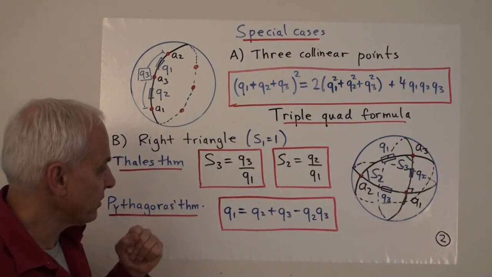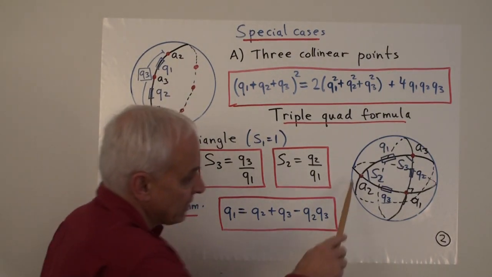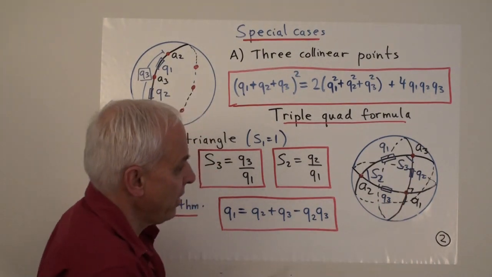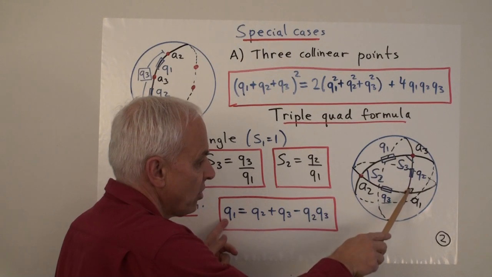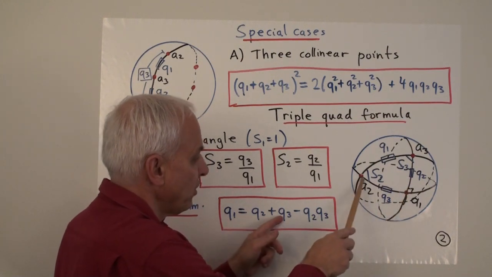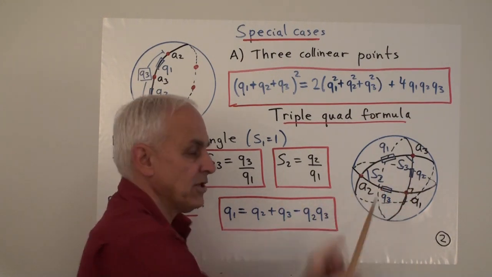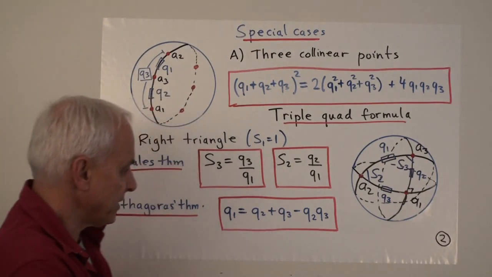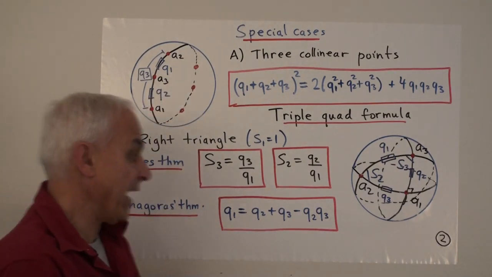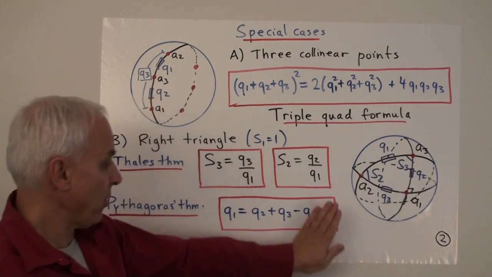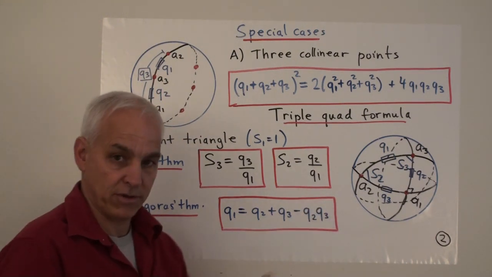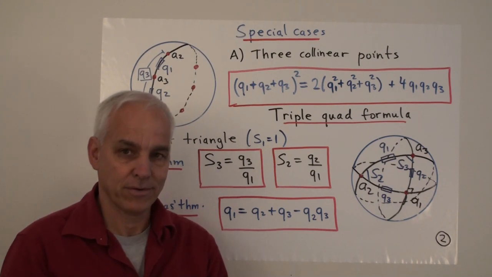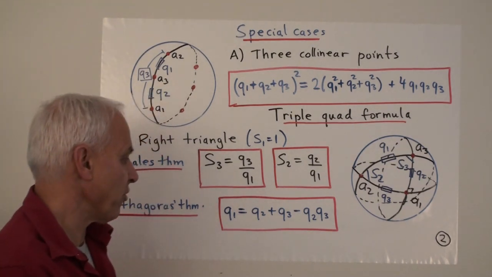And another important relation is that in such a right triangle, the hypotenuse quadrance is this quadrance Q2 plus this quadrance Q3 minus the product of these two. This is a variant of the planar Pythagoras' theorem, in which there's no quadratic term and just Q1 equals Q2 plus Q3, our basic planar quadrance formula for Pythagoras.